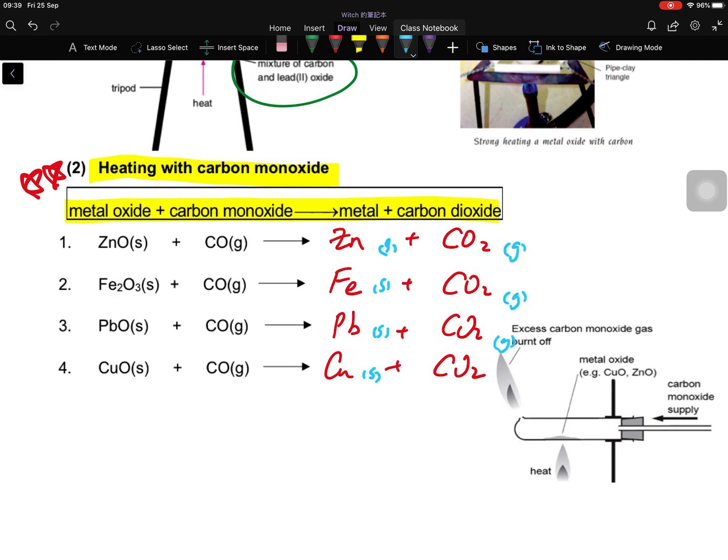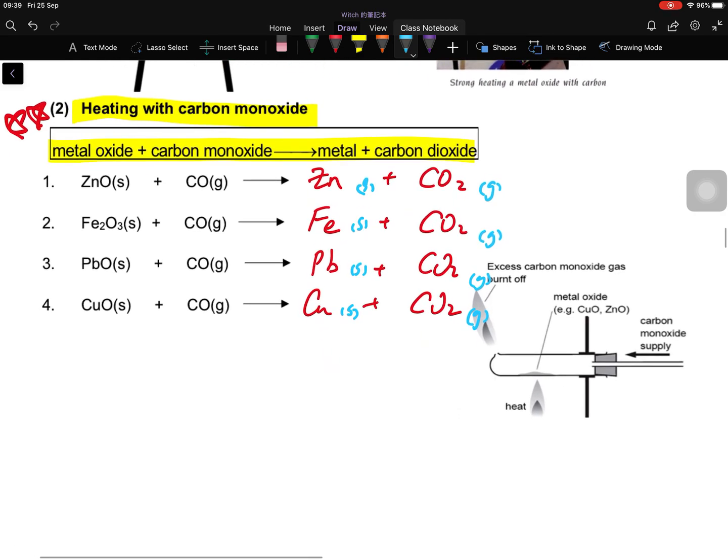Now for the physical state, in case it is requested in the question, you must write it, otherwise you can forget it. And you can see here for the 1, 3 and 4, well done, we have finished balancing already, right? Very simple. But for question 2, let's see.